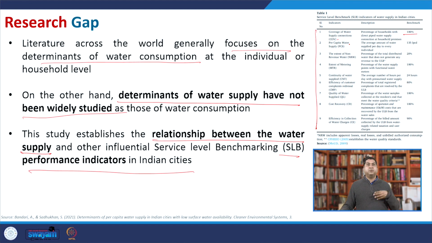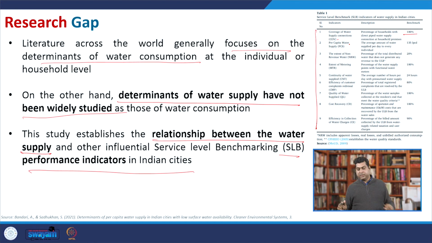Definitely in a family, if I have some elderly people, some young adults, some kids, their consumption will not be the same, but on average it is 135, which is again a supply level thought, because consumption may vary. Somebody can use 150, somebody can use 120.